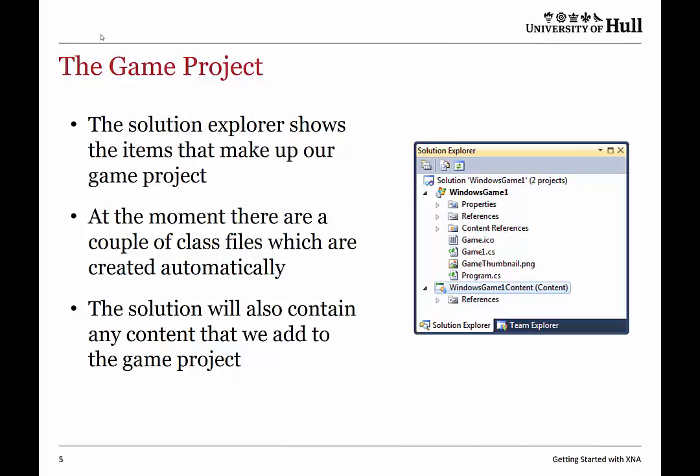This is how it works. There's two projects in my solution. One's called Windows Game 1 and one's called Windows Game 1 Content. That's because XNA is a fully loaded, proper game development platform.